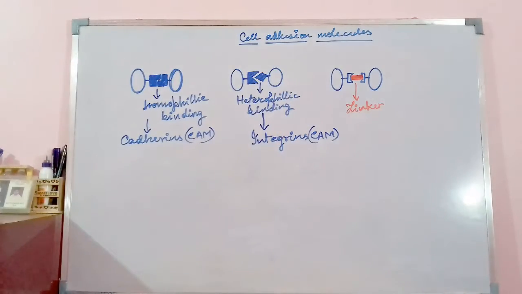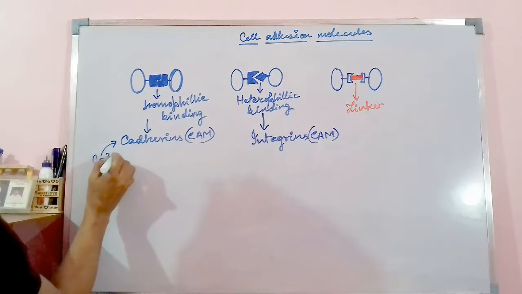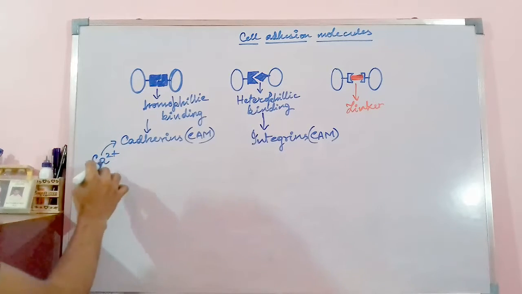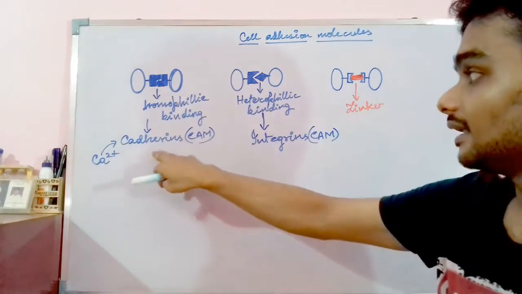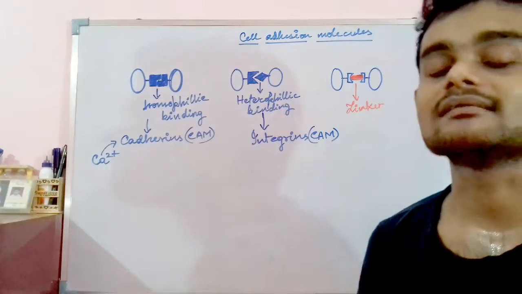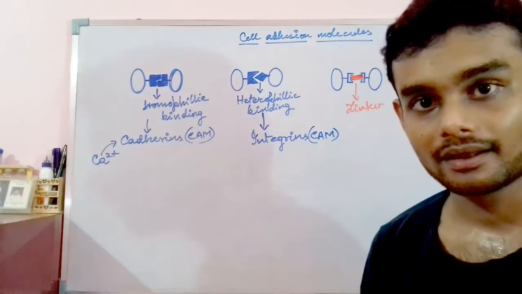Now what happens here is that cadherins, the cell adhesion molecules exhibiting homophilic binding, are calcium dependent. These particular molecules are Ca2+ dependent, which takes the help of calcium double positive ions to activate itself for this binding purpose.